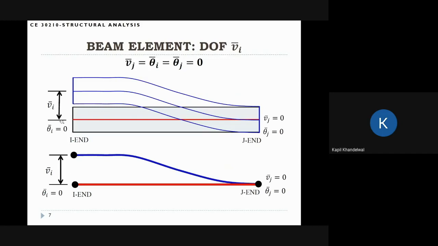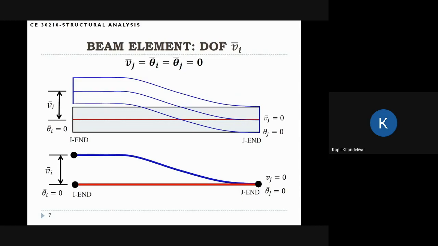And because we are measuring everything with respect to the central axis, Vi is actually the displacement of the central axis. So rather than drawing this kind of figure, we'll just draw the central axis. Red is the central axis before deformation, and blue is the central axis after deformation. At the end i, only Vi is non-zero, the other degree of freedom theta is 0, and at the end j, both of these degrees of freedom Vj and theta j are 0. So this is how you can think about the Vi degree of freedom.